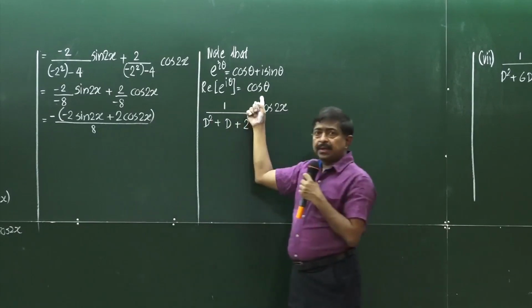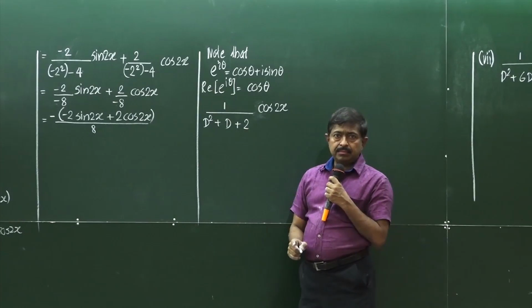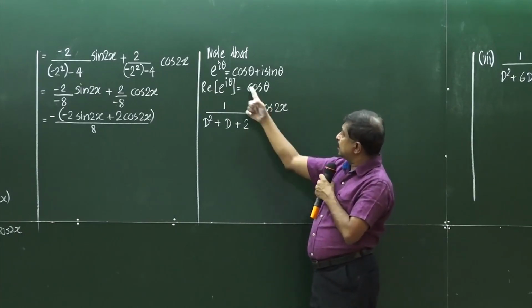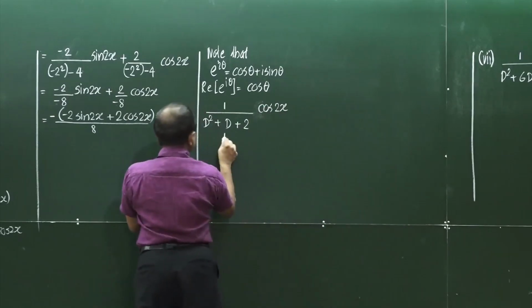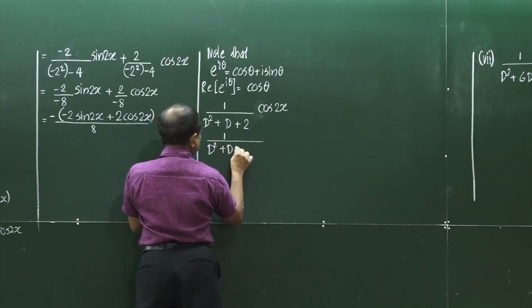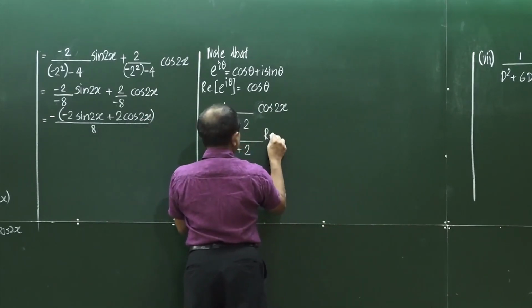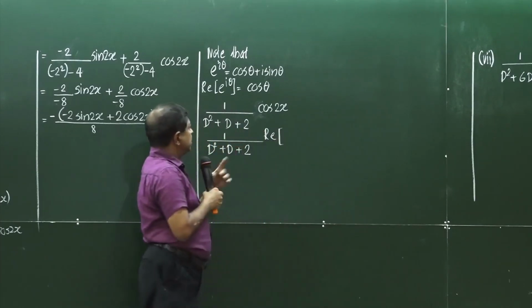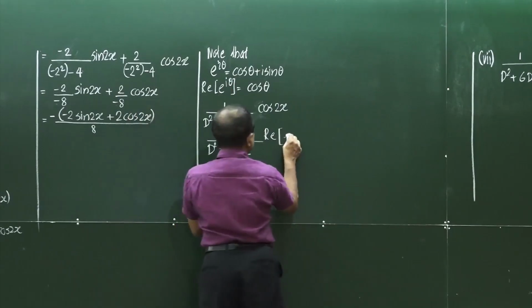When you have cos theta, you can write it as e to the power i theta. Now look what happens. Here theta is 2x. So you can write this as the real part of e to the power 2ix.